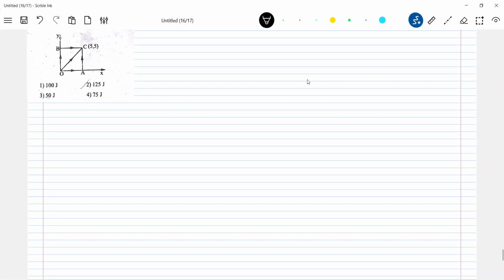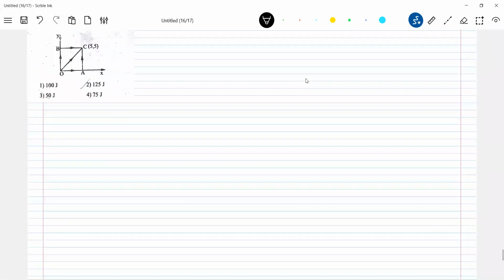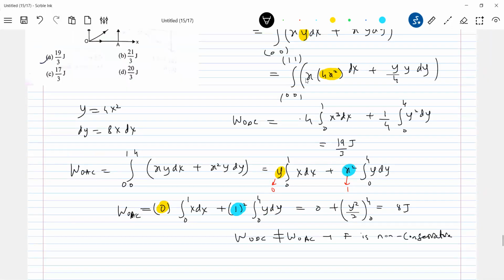So let me introduce to you the graphs, something very important. Remaining questions are there in that one. I'll focus on some graph problems. Here first, the graphs. So what will the F-x graph indicate?